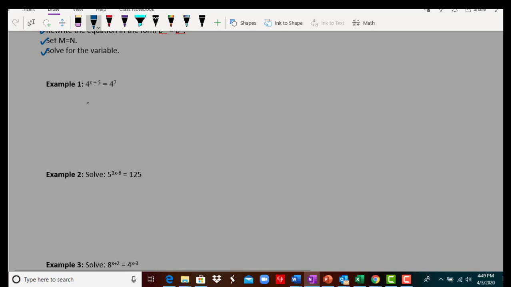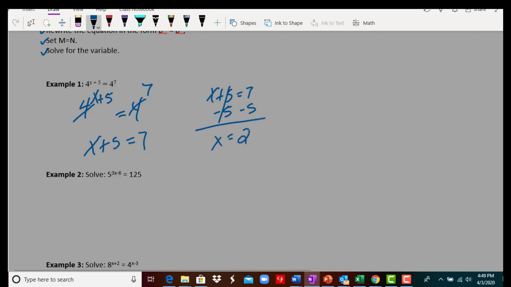If our bases are the same, they simply drop away and our exponents are set equal to each other. This gives us x plus 5 equals 7. Now we subtract 5 from both sides, and x equals 2.